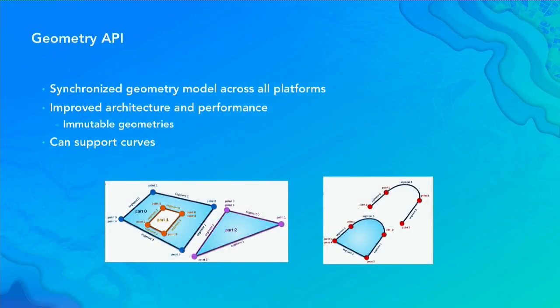Moving on to the geometry API, we synchronized the geometry API across all the different SDKs. Prior to 10.2x, they were very different, and we've synchronized that. We made geometries immutable, which was a big change.